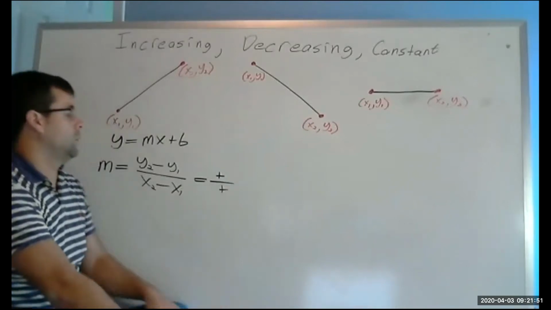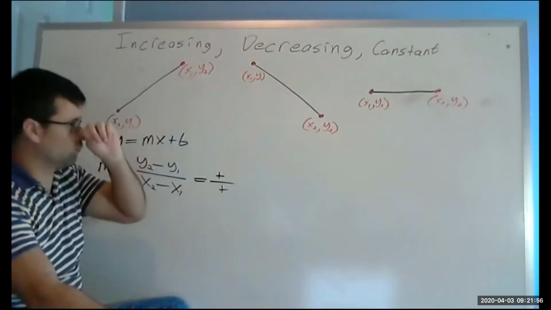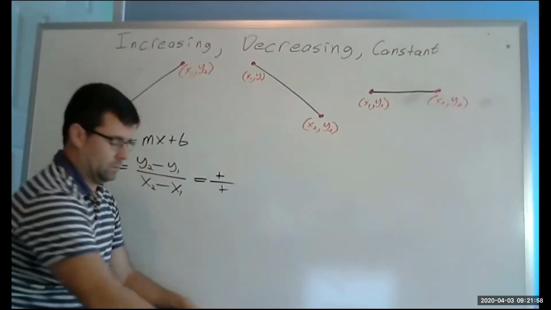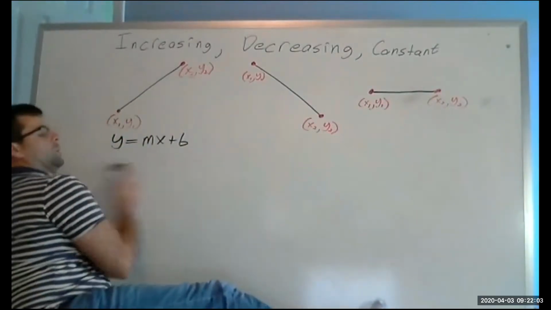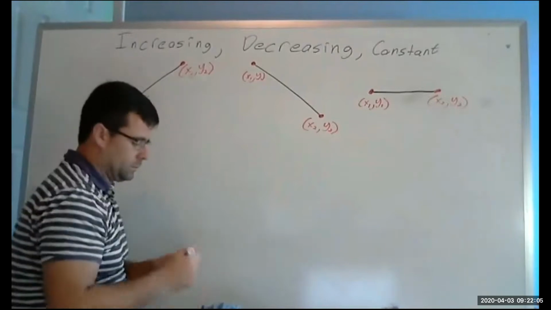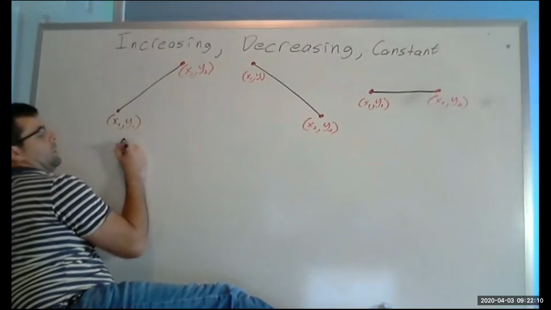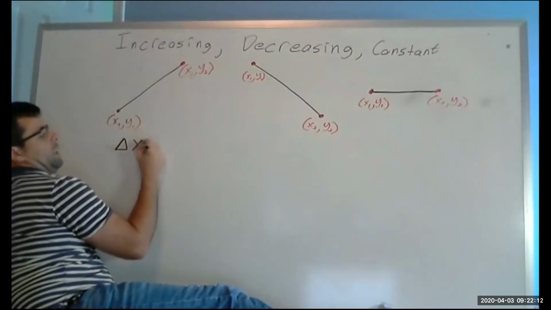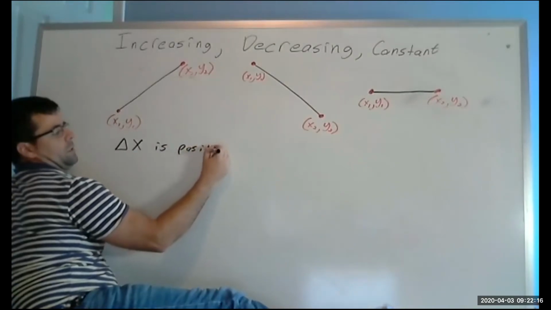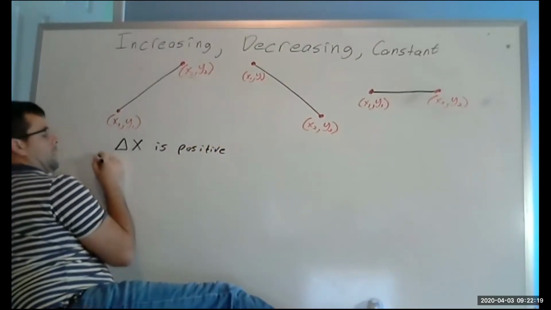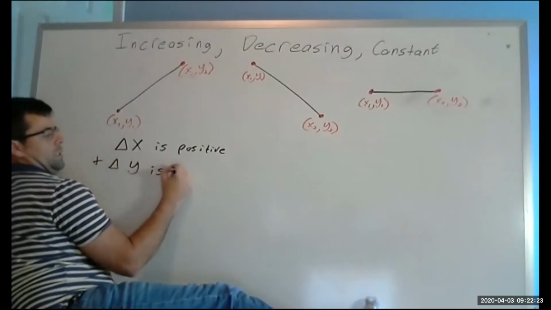Or when its x value increases, the y value increases. So delta x is positive, and delta y is positive.